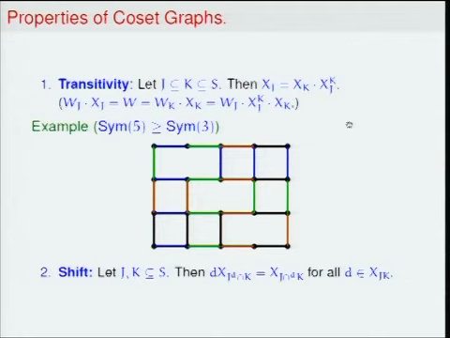Another property, the shift property, is concerned with conjugate subsets.